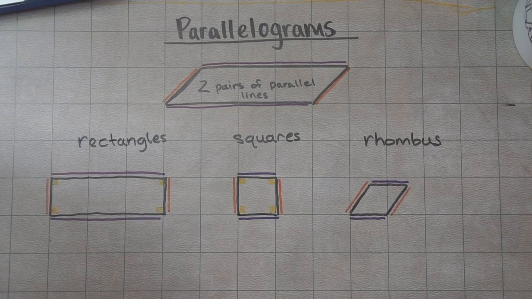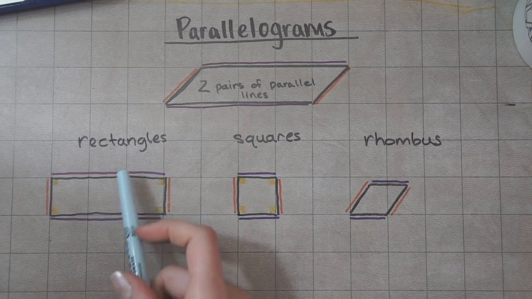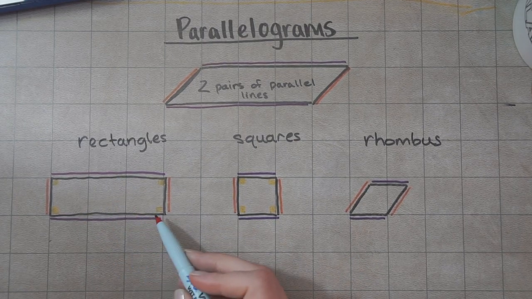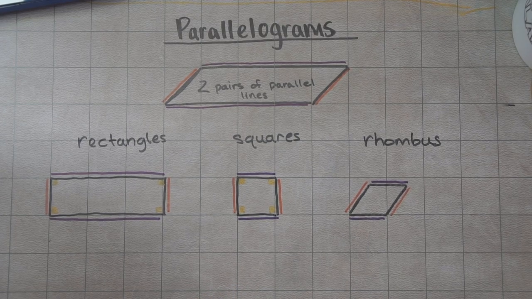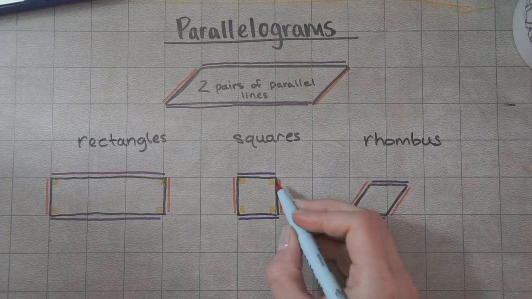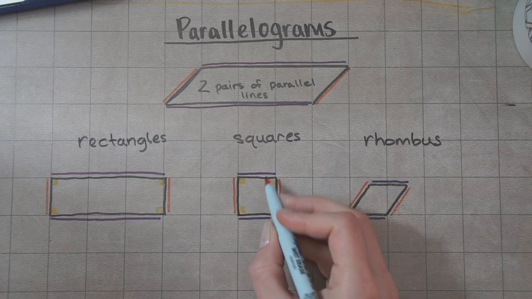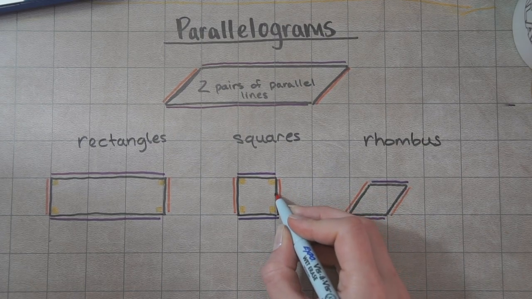If you looked at the length of the sides, you could group the parallelograms by which ones have all equal sides and which ones don't. In the rectangle, obviously it does not have all equal sides. It's got short sides and long sides. But on the square, you know that squares have all equal sides. That's part of what makes them a square.